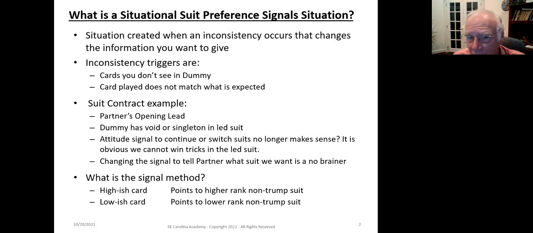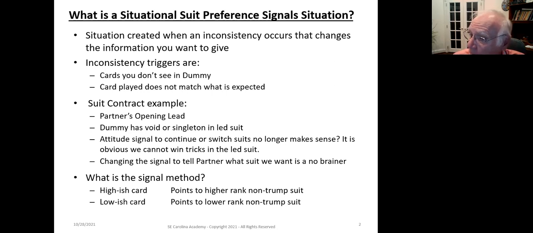Why do I use the terms highish and lowish? Because we're going to be limited on the number of cards that we have available to play. So, as the partner receiving the signal, sometimes it'll be a little bit difficult to determine which suit your partner is pointing to.